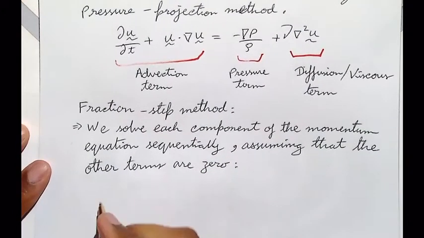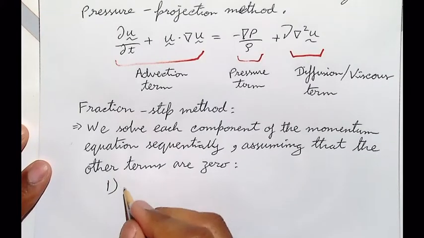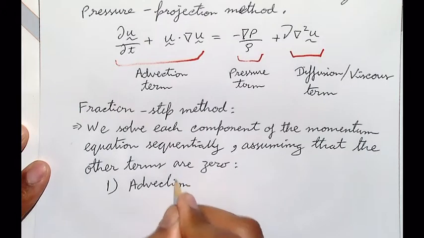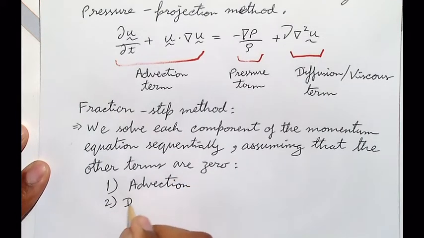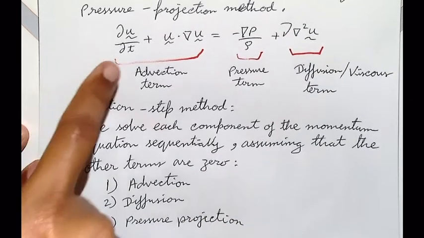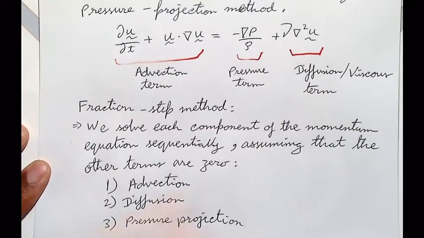Okay, so the steps we might follow would be do the advection first, then do the diffusion, and then do the pressure projection. See, that's exactly the three terms that we have identified: advection, pressure, and diffusion.